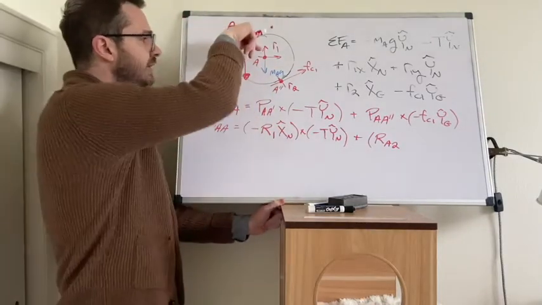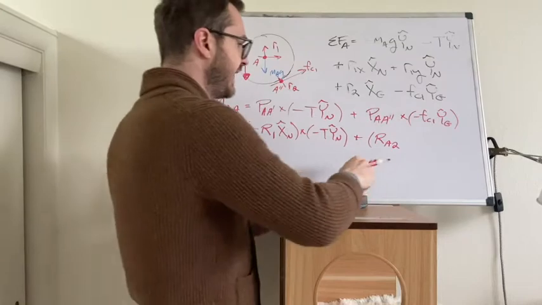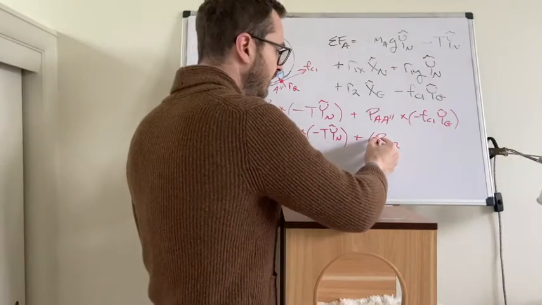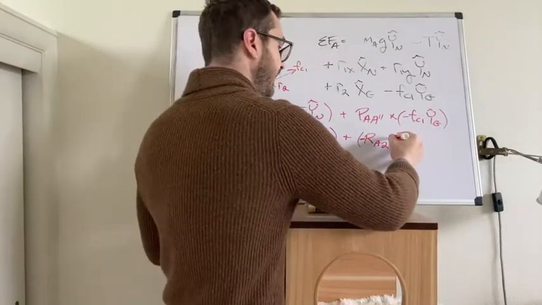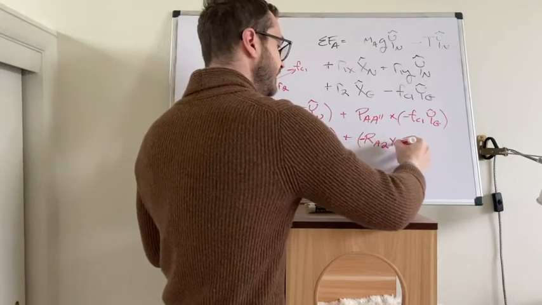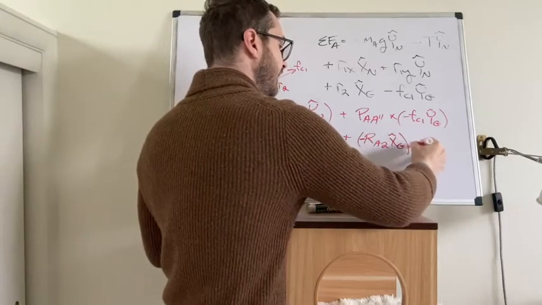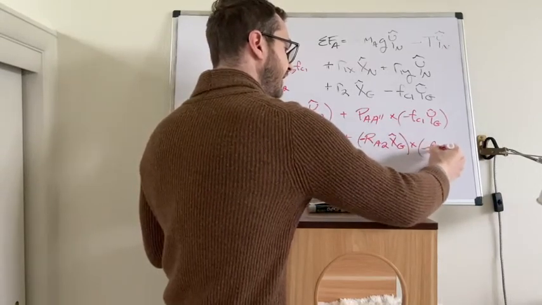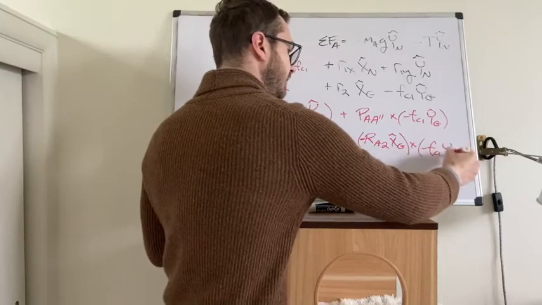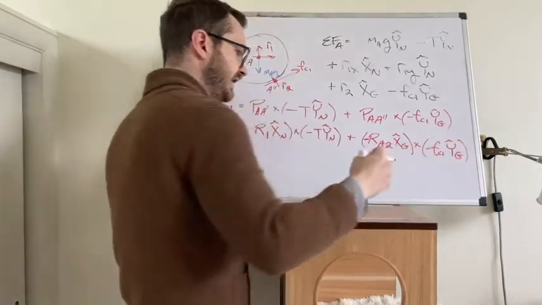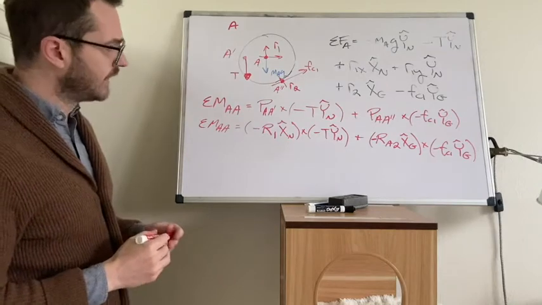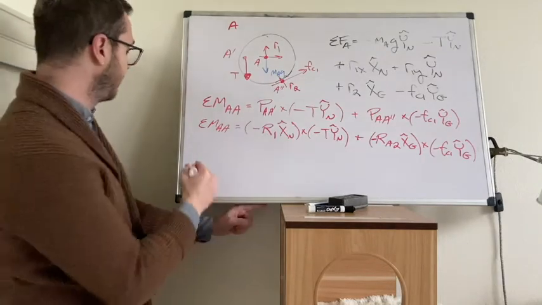And we're actually going against the xg axis, so I'm going to put a negative on that. So minus RA2 xg, and then we're crossing minus FC1 yg. Okay, let's see how this comes out.